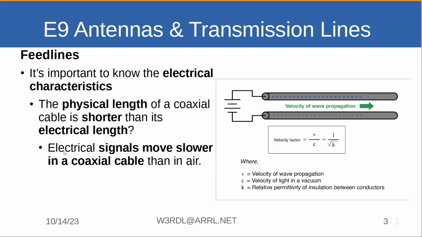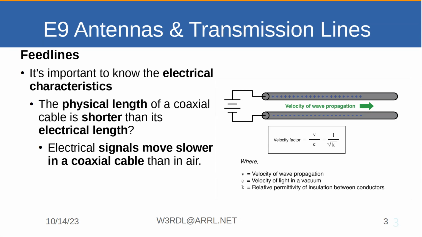Because of the velocity factor and the fact that electrical waves propagate through a medium other than free space at lower than the speed of light, the physical length of a coax cable is going to be shorter than its electrical length.